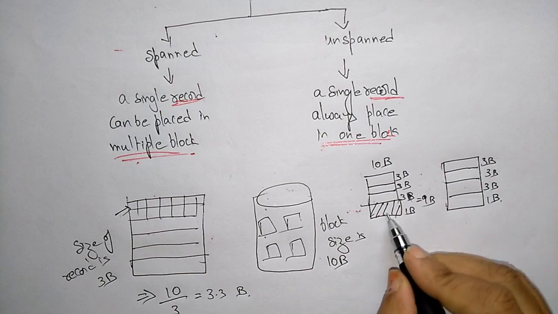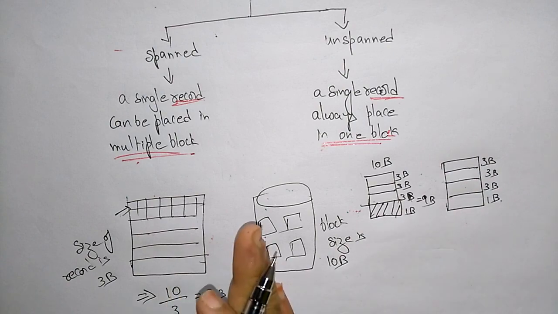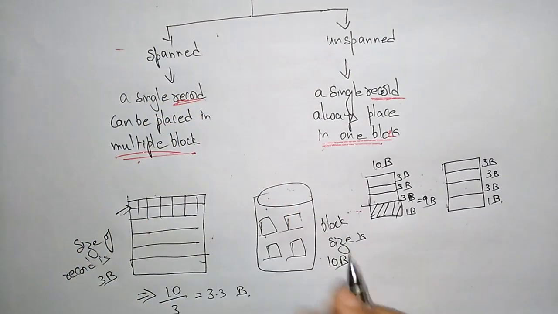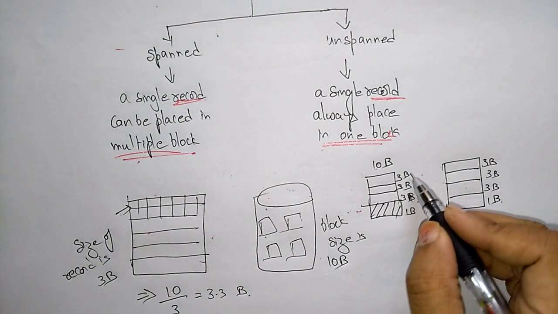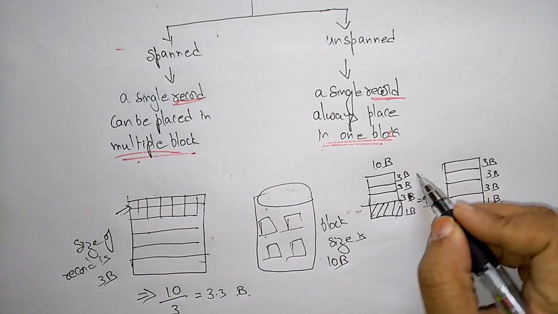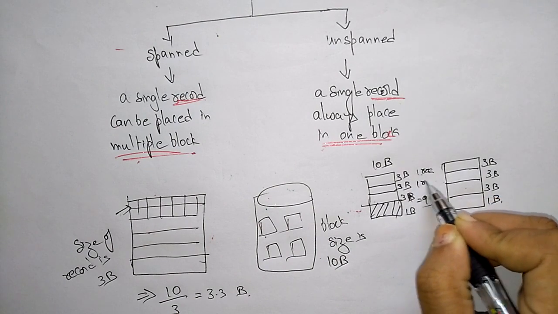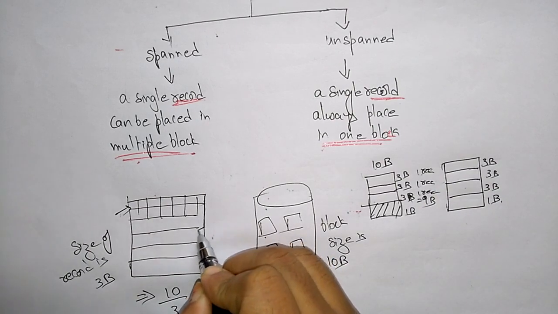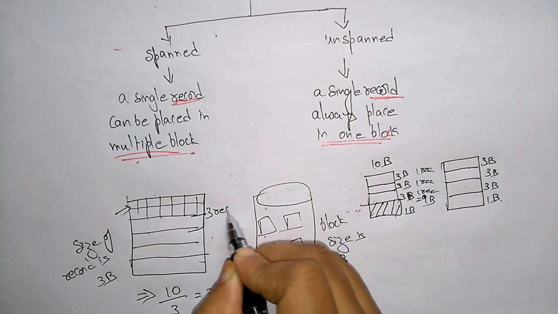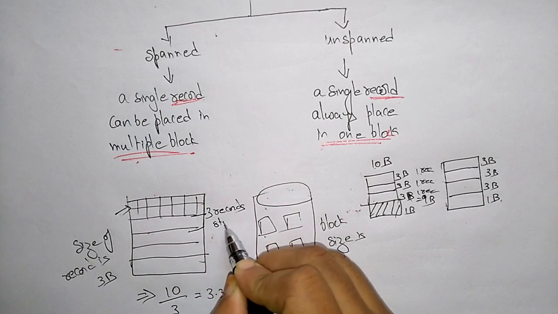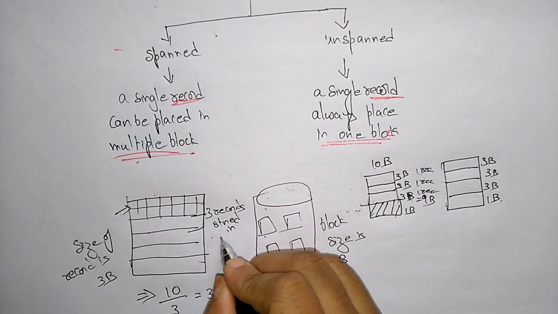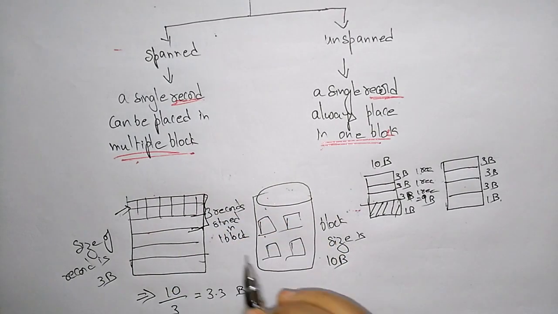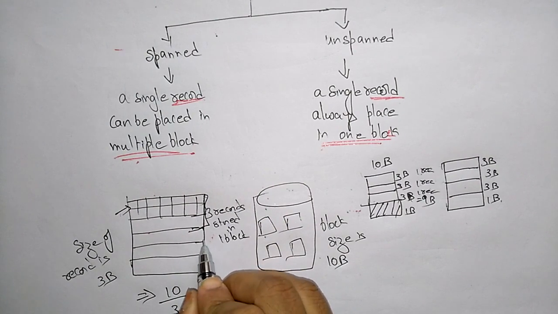Here I am talking about spanned organization, how the file is organized in spanned. Suppose these 3 records are stored in the first block. Now I am sending another record.